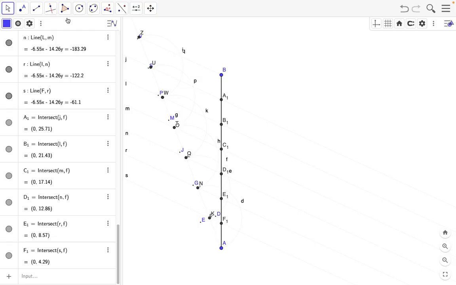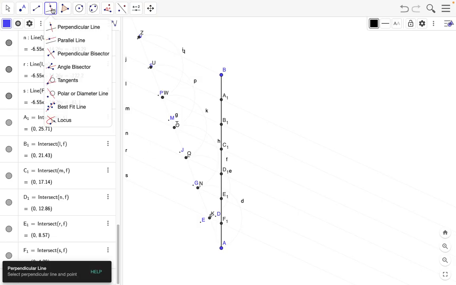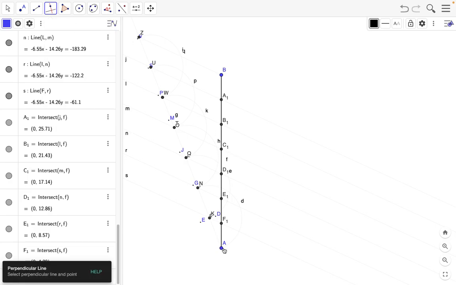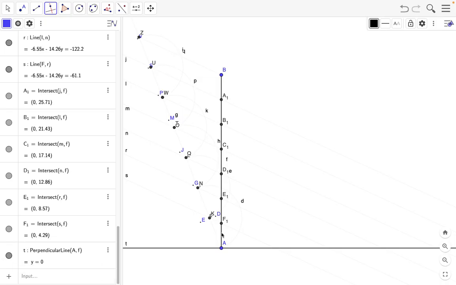For that we will select the perpendicular line option, and then here we will draw a perpendicular line at point A on the line AB. So that is the line.